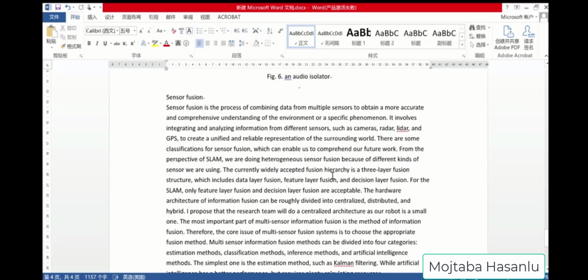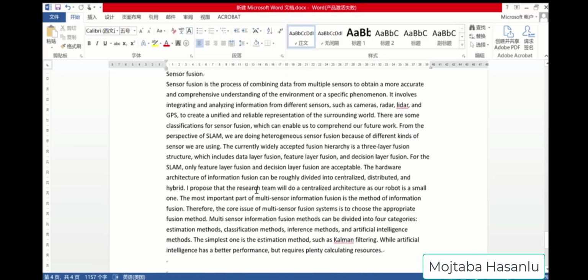There are about 3 layer fusion structures used in sensor fusion. Because we are using different types of sensors, we can only implement the feature layer fusion and the data layer fusion, which are slightly different.